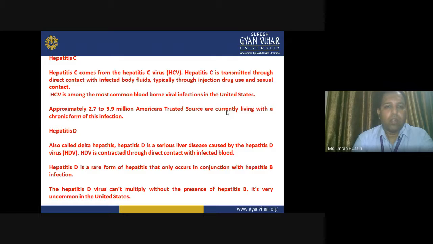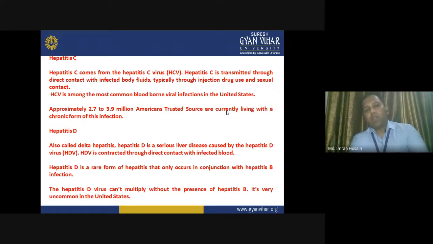Now hepatitis D, also called delta hepatitis. Hepatitis D is a serious liver disease. The virus is contracted through direct contact with infected blood.